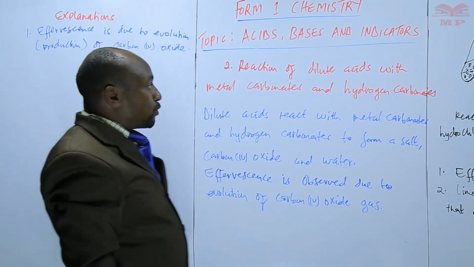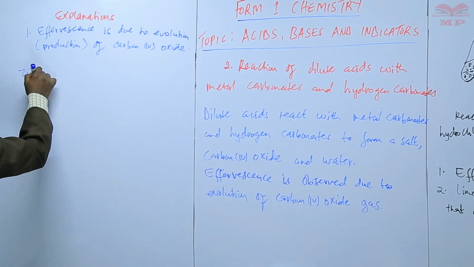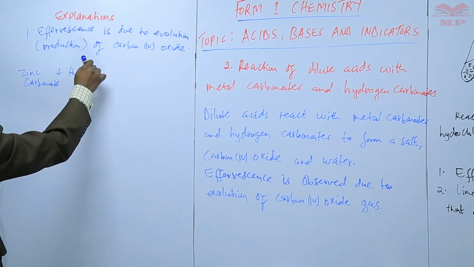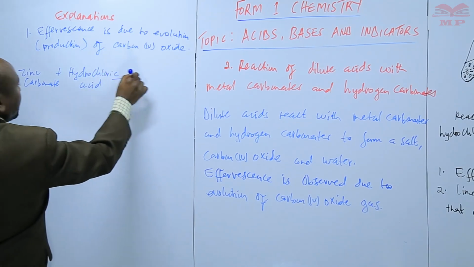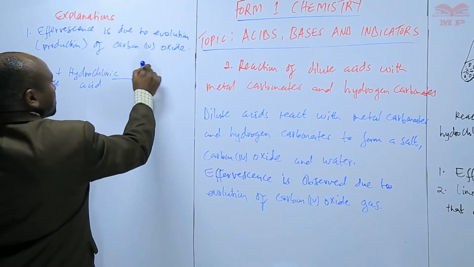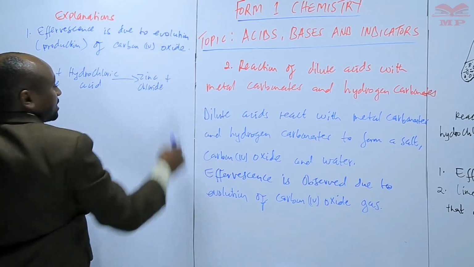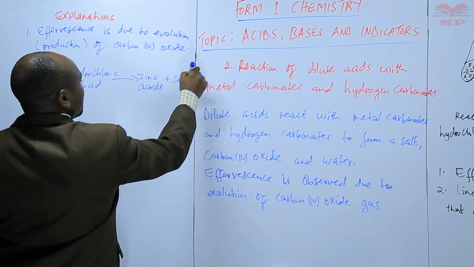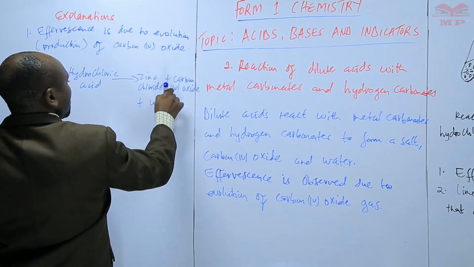So let us write the equation. Zinc carbonate plus hydrochloric acid will get three products. We'll get zinc chloride, which is a salt, plus carbon 4 oxide, which is a gas, plus water.